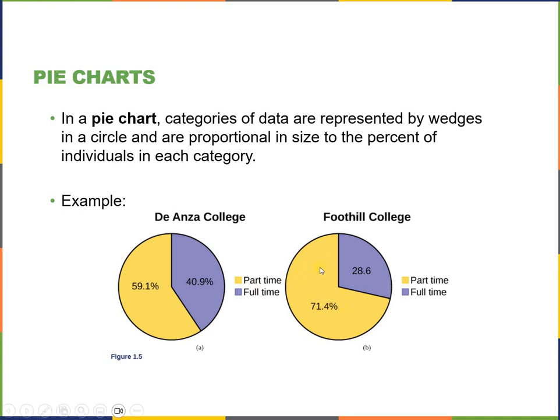And the proportion is huge compared to the full-time students when it comes to Foothill College. So, although the majority of the students in both colleges are part-time students, I can tell that the proportion of full-time students at De Anza College is bigger than at Foothill College. So this is a good visual and a good representation of a pie chart.